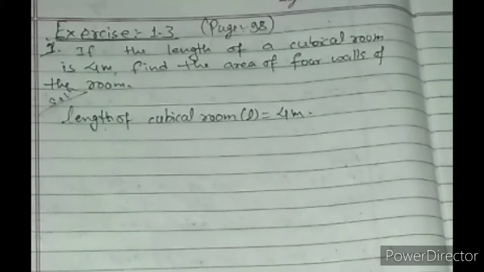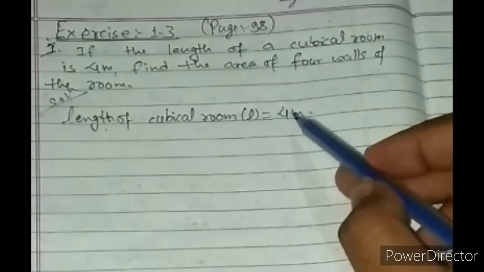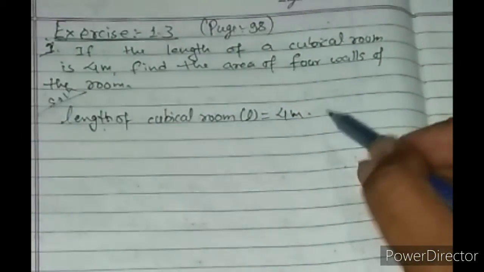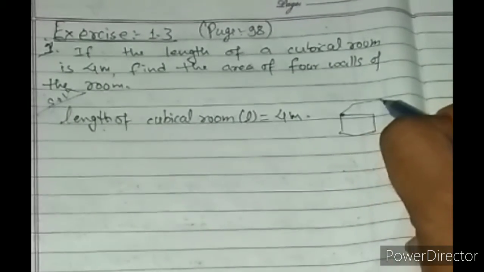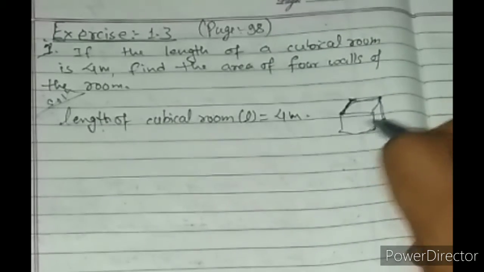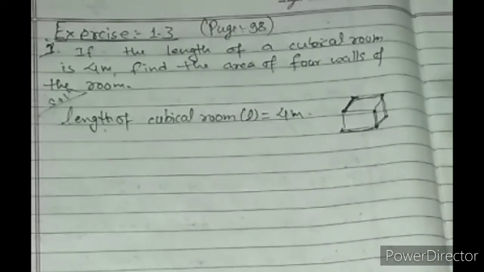If it is given square based, then length and breadth are only 4. But in the case of a cubical room, breadth also 4, height also 4. Cubical means length, breadth and height are all the same. The length, L, B and H are all L. That is why this is here.